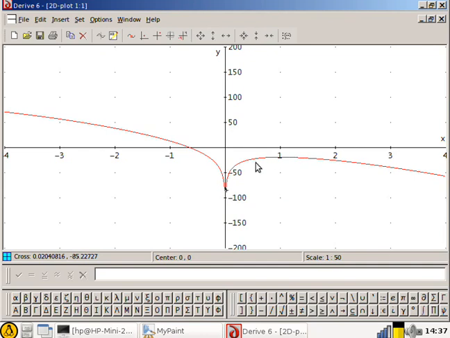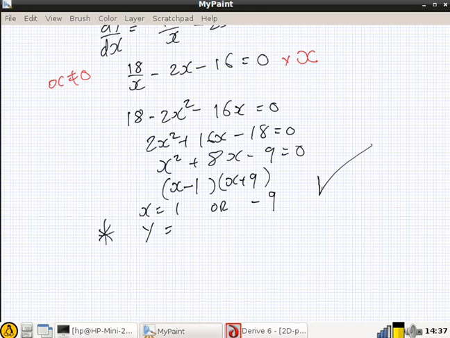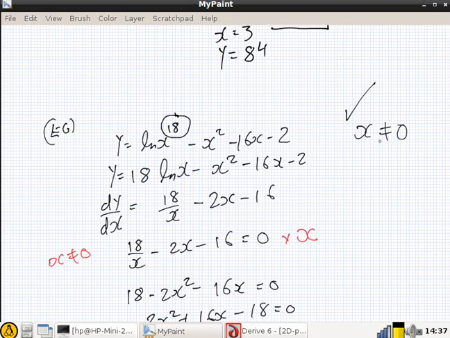It doesn't. In fact, it goes down to minus infinity. You're just not able to see it here because it's running along the y-axis. So there is no minimum here. And besides, even if this was a minimum here, we cannot use it because remember, originally we said x is not allowed to be 0.